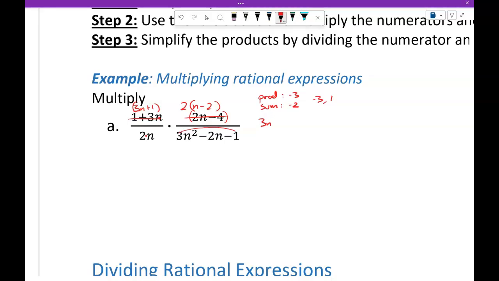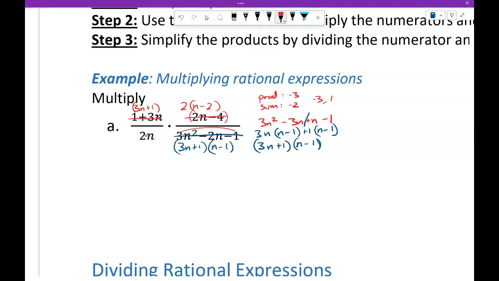So we can rewrite our equation as 3n squared minus 3n plus n minus 1, and use factor by grouping in order to factor the polynomial. Since our second grouping is already the n minus 1 binomial, we just need to factor out the +1. So our second denominator factors to be 3n plus 1, and then n minus 1.